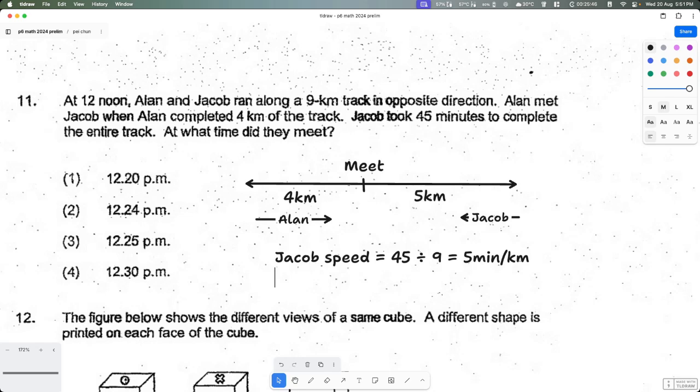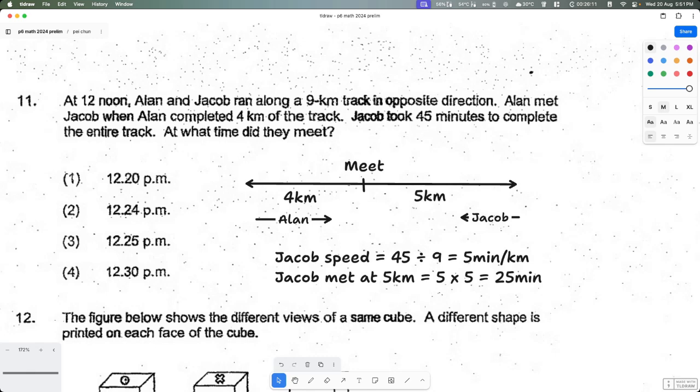I don't know if this is speed, but in this case then Jacob met at 5 km, which is basically 5 times 5, which is 25 minutes.